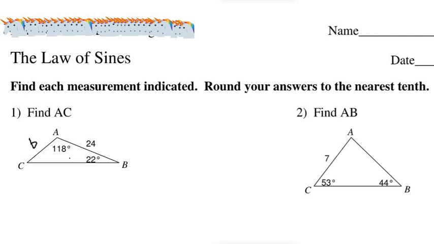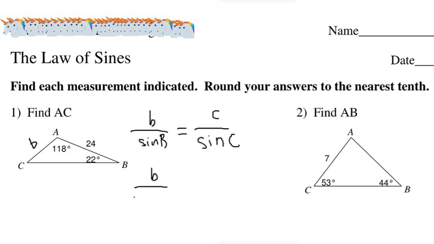Now if we write down the sine rule, it's going to be b over sine B is equal to c over sine C. All right, so b is the missing side we're trying to find.